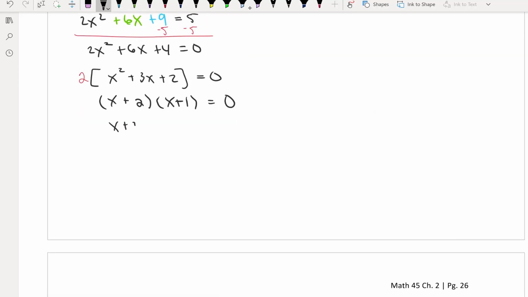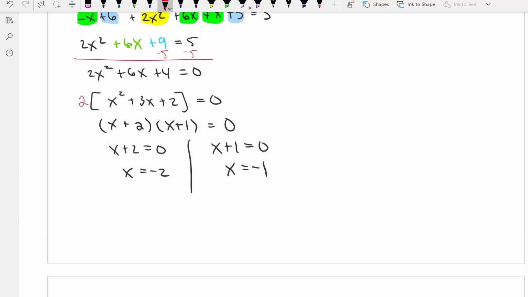So I have x plus 2 is equal to 0, so x is equal to negative 2. And I also have x plus 1 is equal to 0, so x is equal to a negative 1. Okay. And when I plug those both back into my equation, I get that x is equal to negative 2 is a legit answer, and x is equal to negative 1 is a legit answer as well.